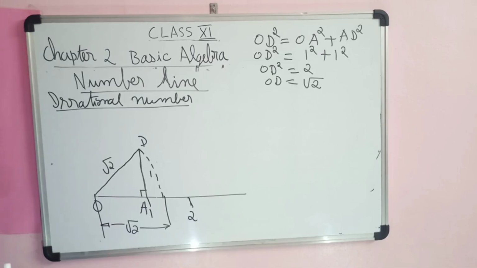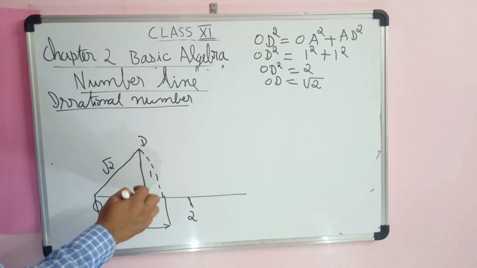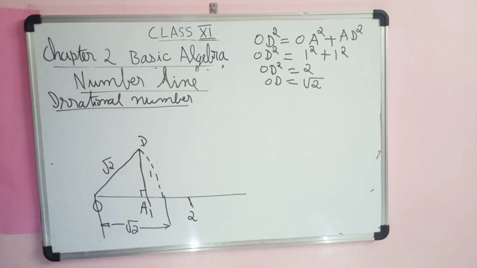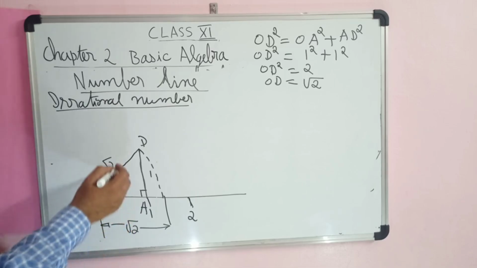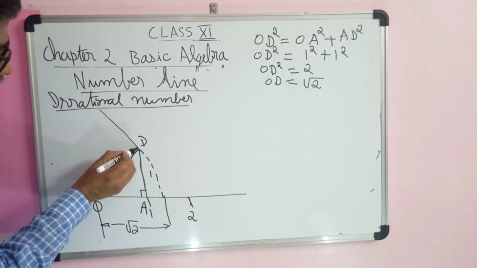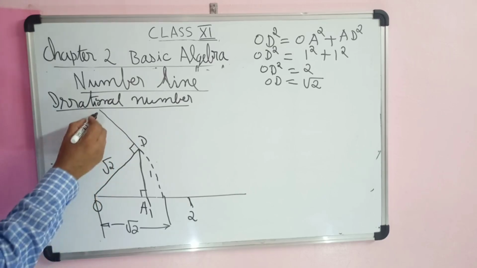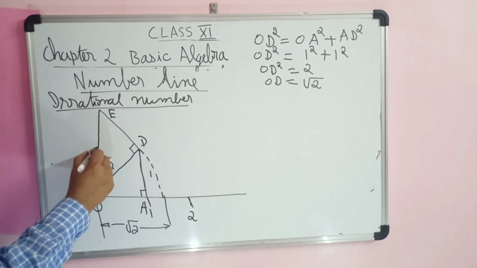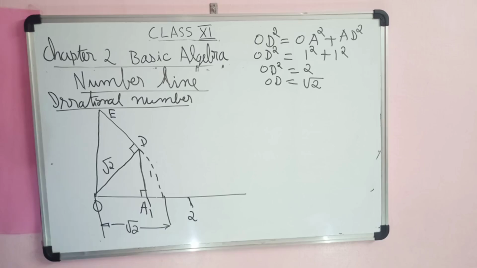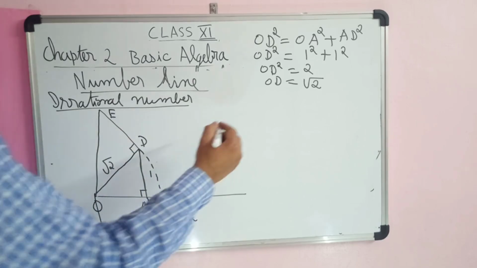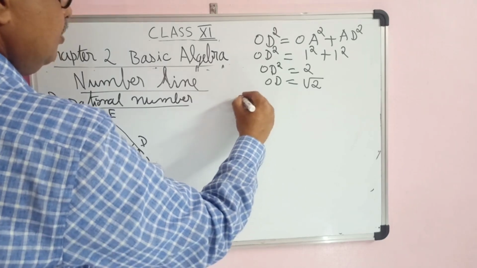We can also represent root 3 on the number line. From point D, draw a line DE equal to 1 unit, the same 1 unit, perpendicular, at 90 degrees. Call this point E. Join OE. Apply Pythagoras theorem here.